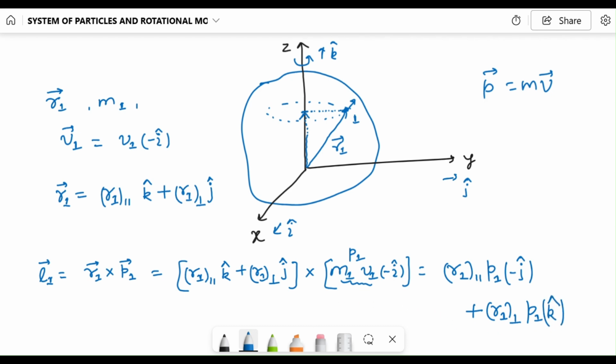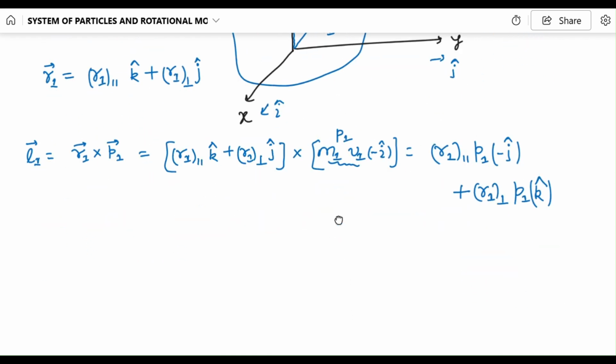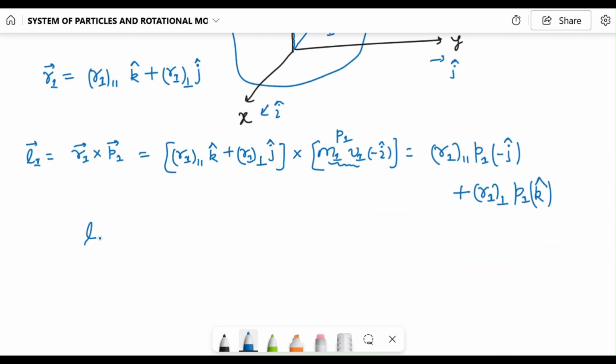Now you can see here this angular momentum, if we are choosing this origin as a reference and taking the position vector with respect to this. So the angular momentum of the first particle now has two different components. One is L1 y, which is the perpendicular component, perpendicular to the z axis or axis of rotation. Here it is along the negative y direction, and another is L1 z, and it is along the positive z direction.